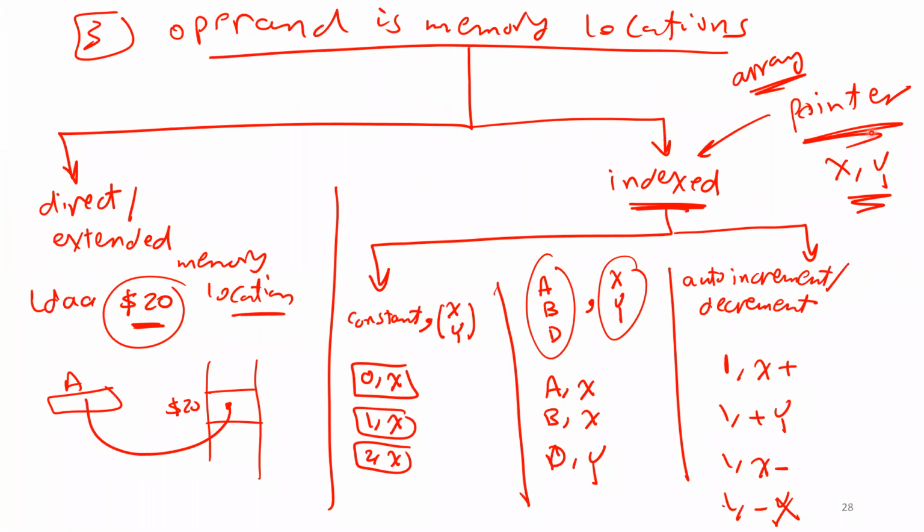Unlike this one, where I give you the address right away, an explicit address, here the address should be in a pointer. You got what I'm saying? The address is stored, for example, in a register, and actually we use 2 registers as pointers, X and Y. That's why they made X a 16-bit register, and also Y a 16-bit register, because I'm going to use them as pointers. This is one thing you have to keep in mind.